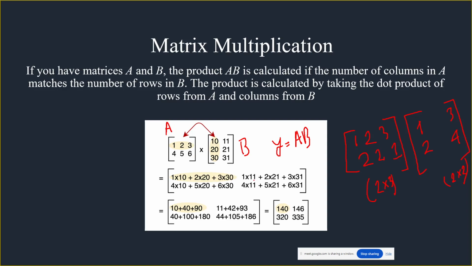And for the final second row and second column element, we will multiply 4 with 11, 5 with 21, 6 with 31. When we're done with the calculation, we get this 2 by 2 matrix, and this is our final product, our Y, and as we knew before, Y is equal to AB.